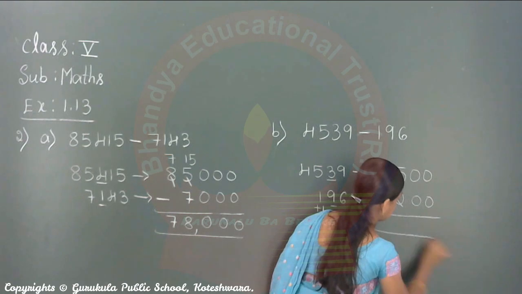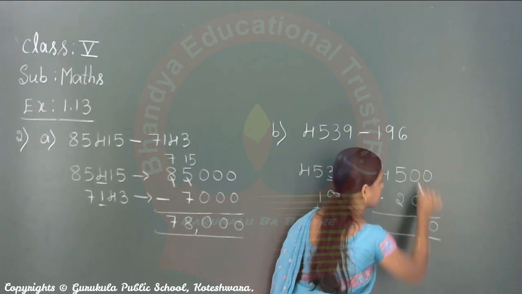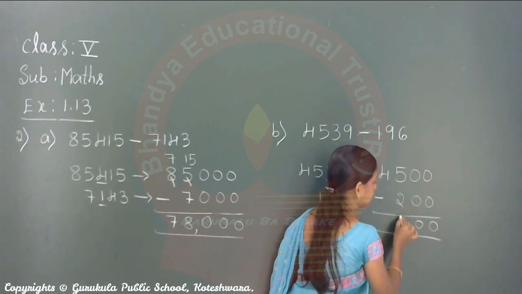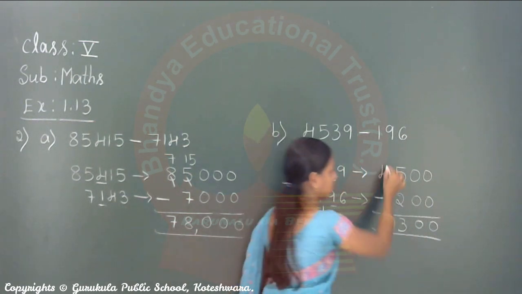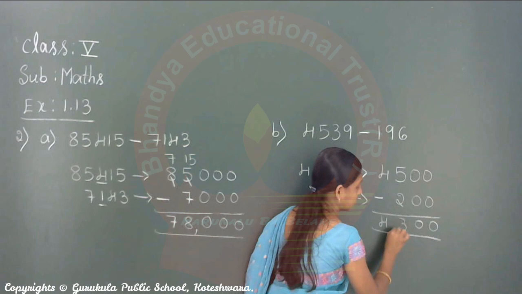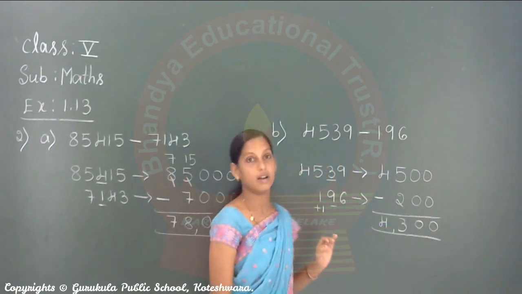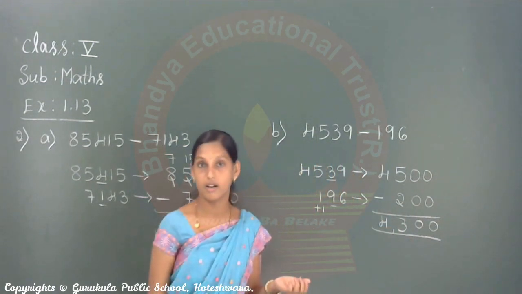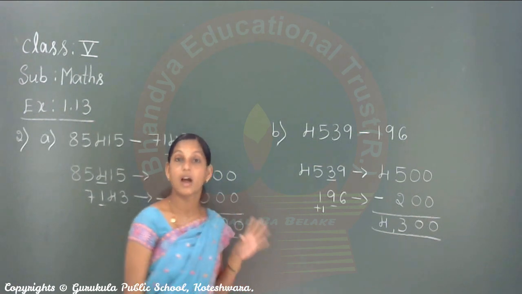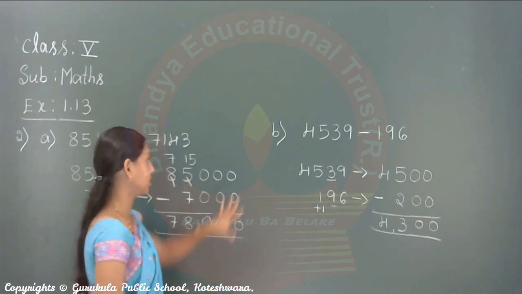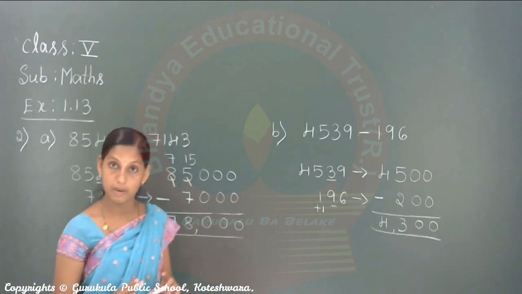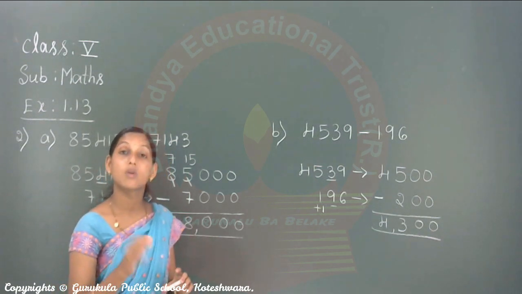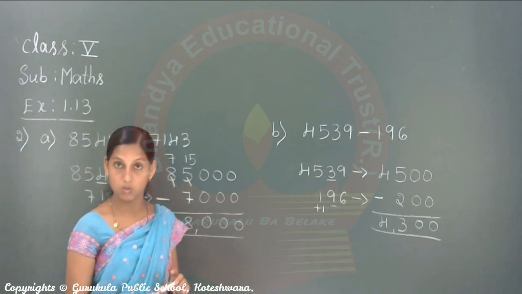That is 0 minus 0, 0, 0 minus 0, 0, 5 minus 2 is 3, then 4. So it is 4300.